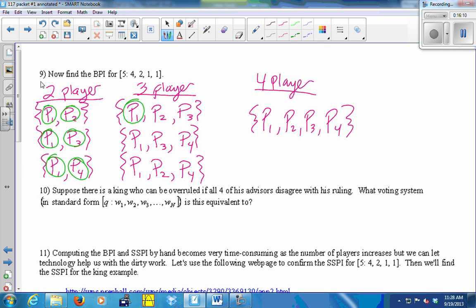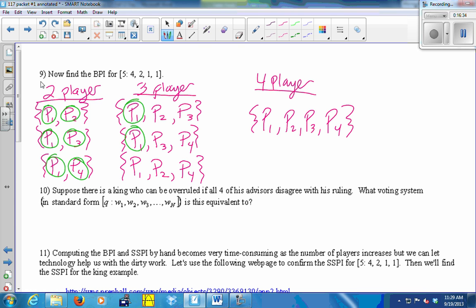How about in 1, 3, and 4, who's critical? 1. Yeah, if 1 leaves, 3 and 4 just have 2 votes. And if player 3 leaves, player 1 and player 4 still make 5 votes. So 3 is not critical. And if 4 leaves, 1 and 3 still make 5 votes. So 4 is not critical.